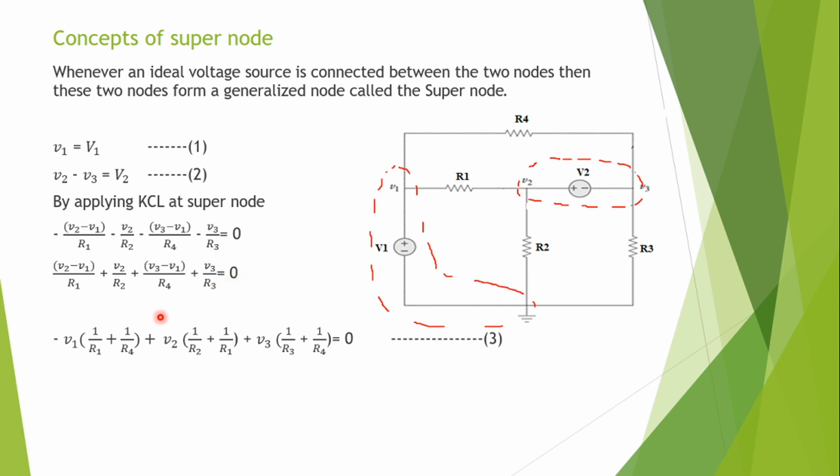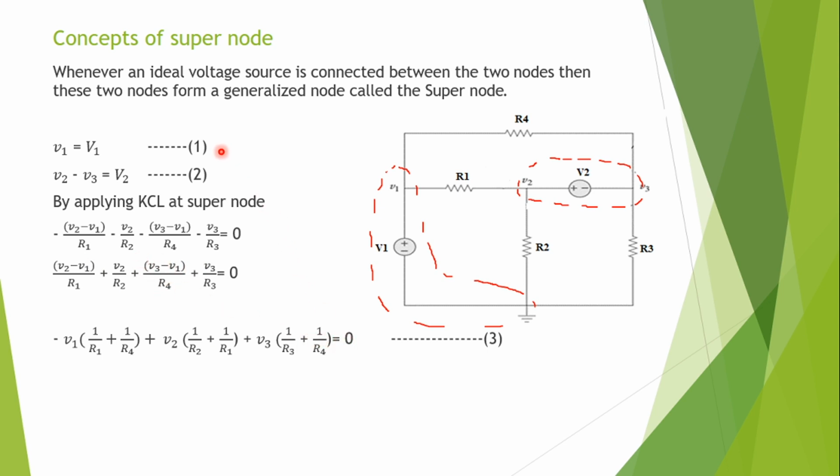By simplifying, separating with respect to the coefficients of V1, V2 and V3, I get minus V1 into (1 by R1 plus 1 by R4) plus V2 (1 by R1 plus 1 by R2) plus V3 (1 by R3 plus 1 by R4) equals 0.